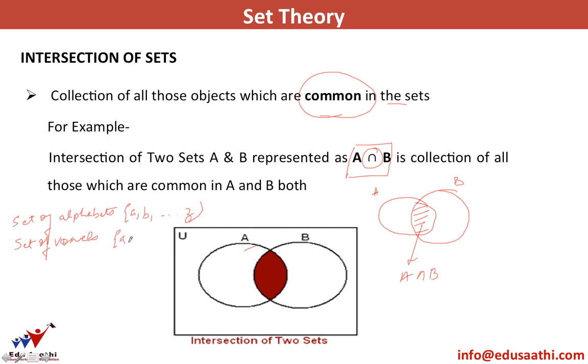I have A, E, I, O and U. Now if this set is set A and this set is set B, then A intersection B would be the elements common in both the sets A and B, which would be nothing but the set of vowels A, E, I, O and U. So this means that these elements are common in this set B and this set A. I hope you are through with this.